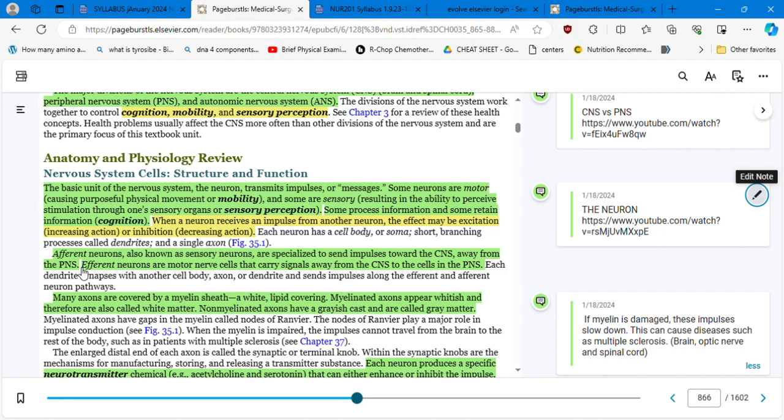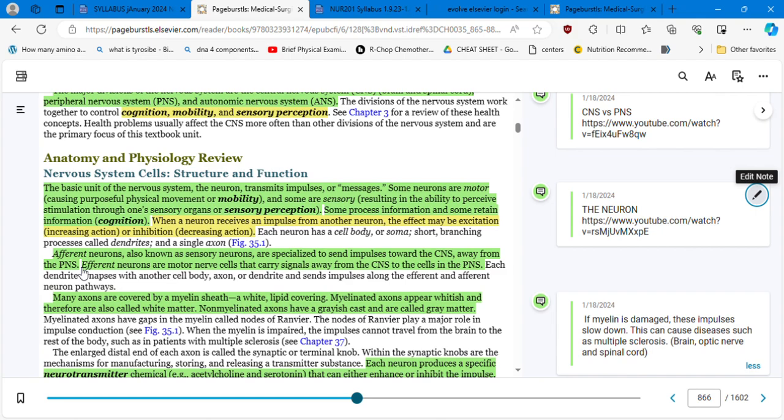So the PNS consists of the neurons, the nerves that are in our extremities, in our arms, in our legs, right? It does not include the spinal cord. So all the parts of the body away from the spinal cord send messages to the spinal cord, right? Those neurons are called afferent because those are the ones that are sensory. And then the spinal cord is going to send the message to the brain. That's the main activity route, right?